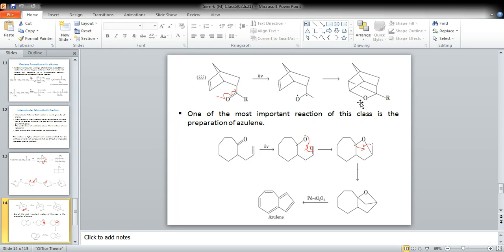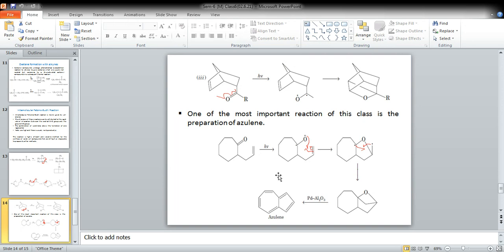One of the most important applications of this particular intramolecular Paterno-Büchi reaction is the preparation of azulene, which is a polynuclear compound. This particular polynuclear compound azulene can be prepared by Paterno-Büchi reaction.